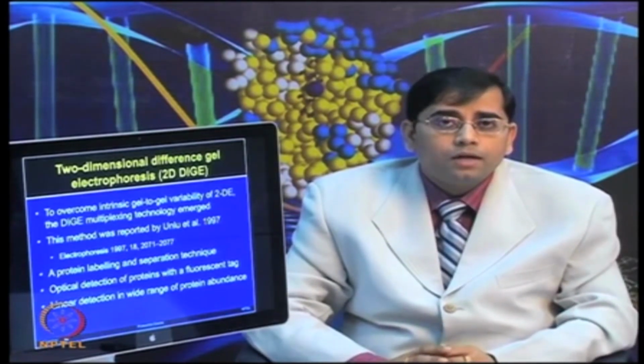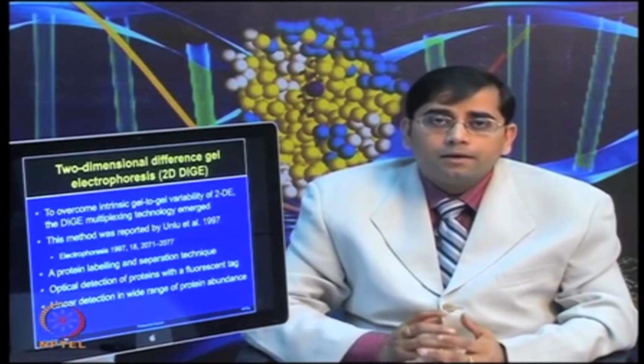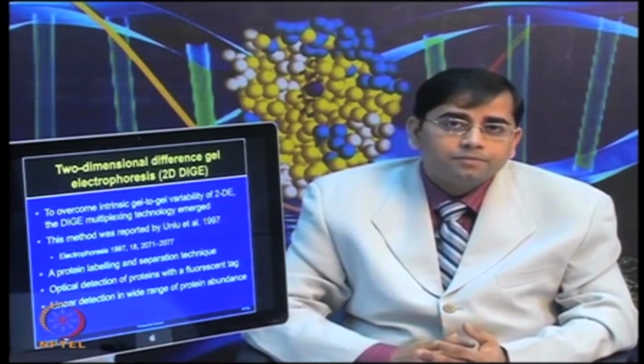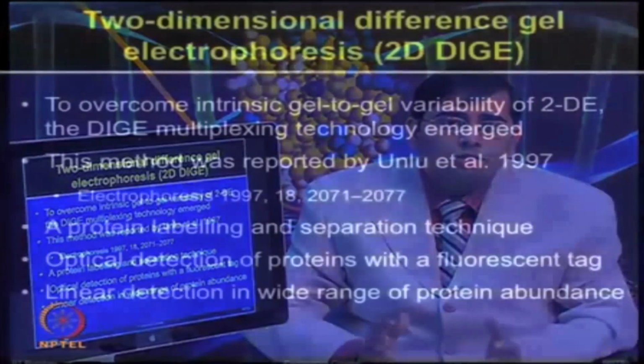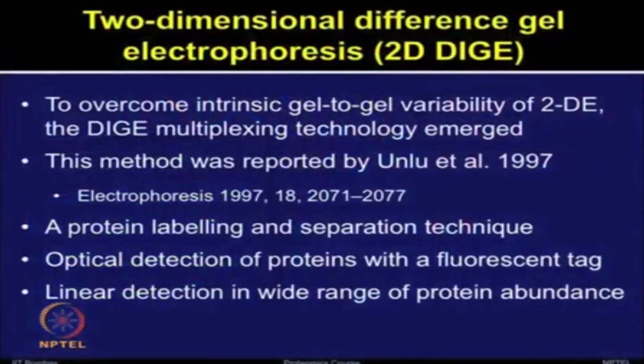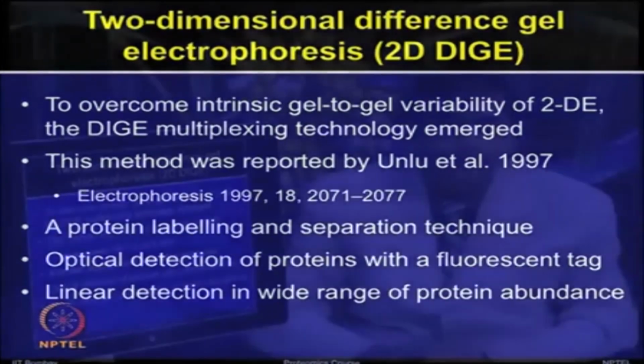So, overall one can expect a very sensitive method giving a very large dynamic range of protein detection by using fluorescent tags, and this method gives multiplexing and separates proteins on one gel. So, it is expected that it will avoid a lot of difficulties which are encountered in the traditional 2D gel.